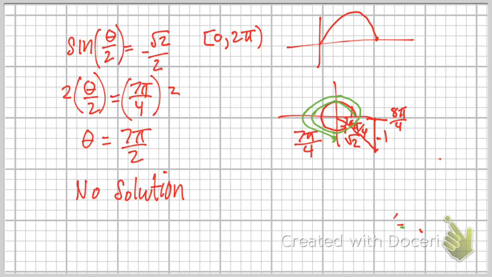So that tells me right away that I'm going to have no solution from 0 to 2 pi. Because I had to continue longer and further down for that to happen. And that would actually be down here somewhere. That's where my answers would be. And it would actually be 7 pi halves where I'd get my first one.